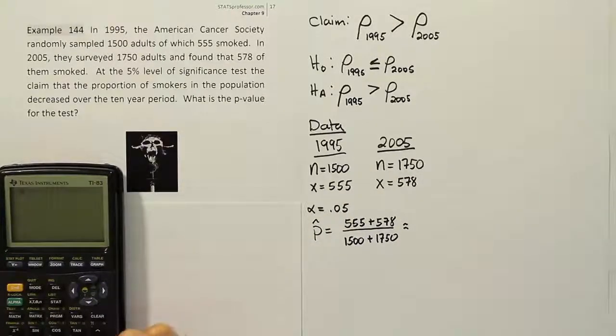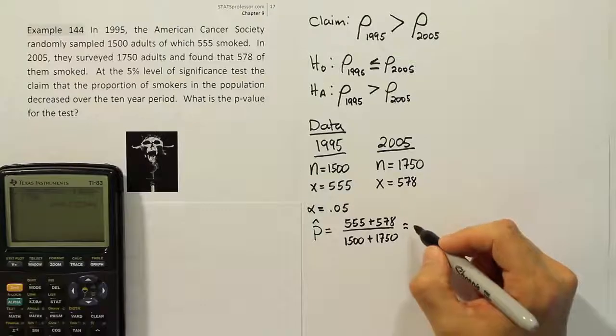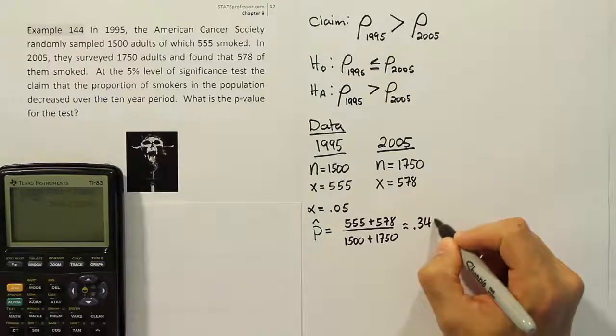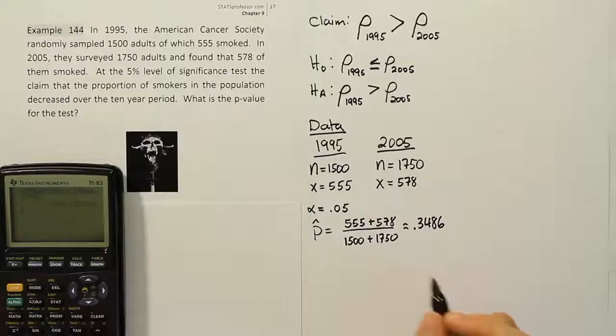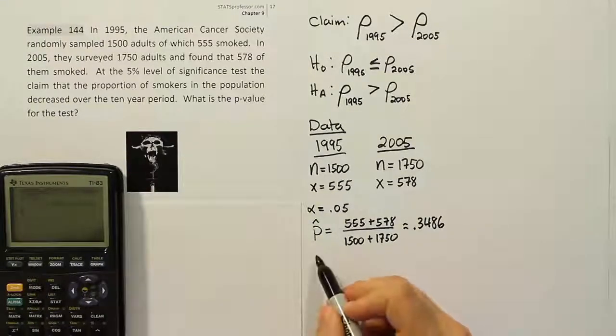Let's go ahead and do that now. Open up a parenthesis, do 555 plus 578, close your parenthesis, and then divide by another parenthesis, 1,500 plus 1,750, close that up, hit enter, and we get 0.3486 approximately. That's rounded off a little bit, but that's what it is. Now from there we're going to get our q-hat value.